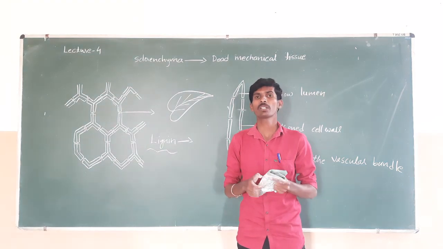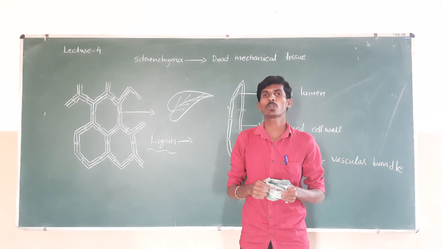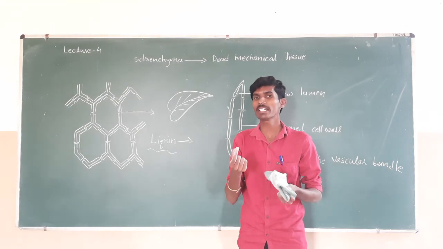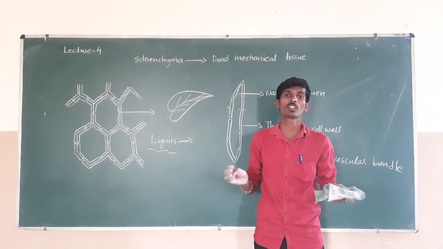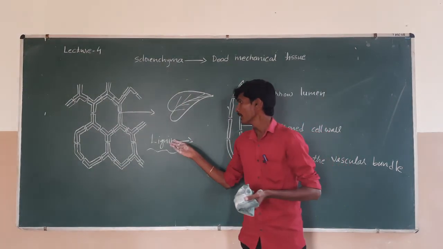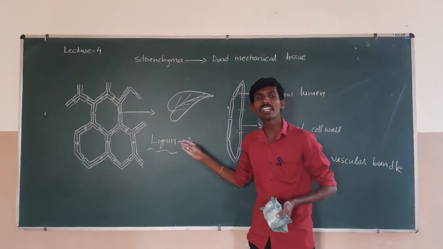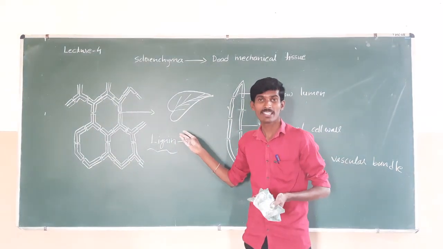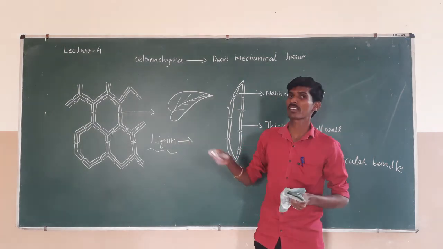In the parenchyma, intercellular spaces are present. In the collenchyma, very little intercellular space is present. In the sclerenchyma, there are none, because the cell wall is thicker due to the deposition of lignin.